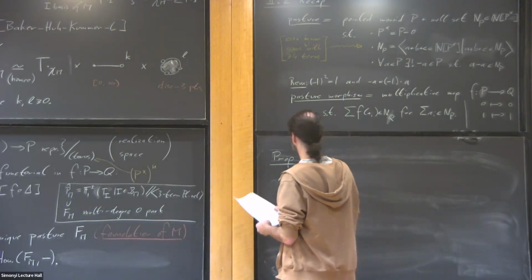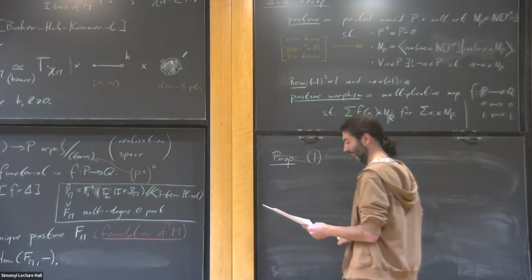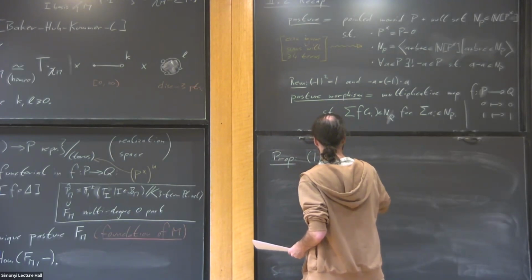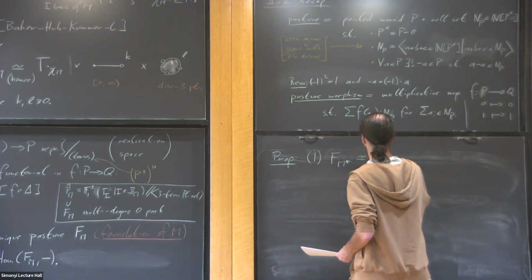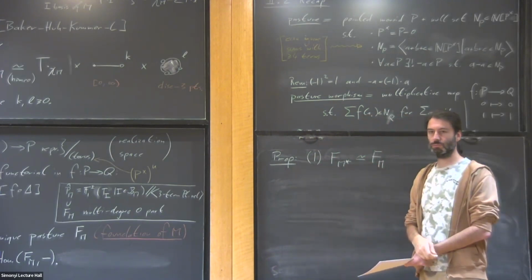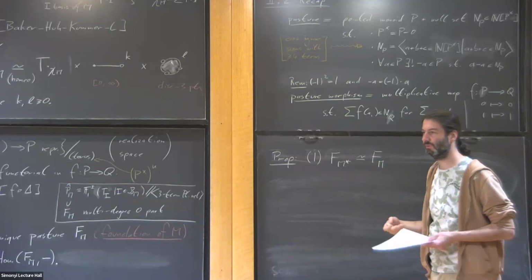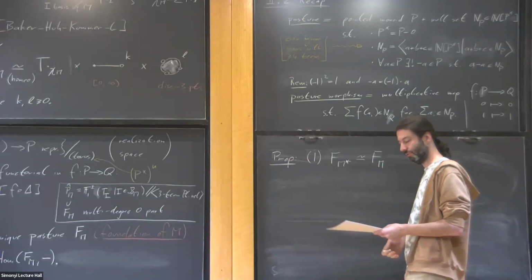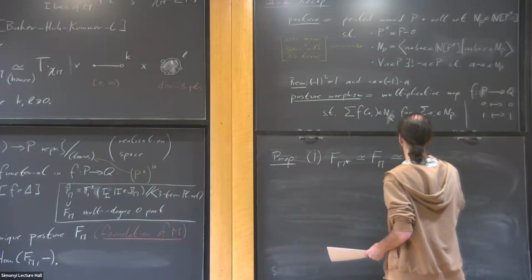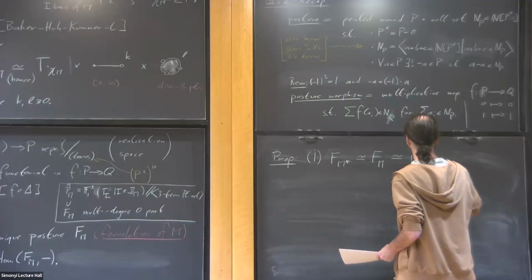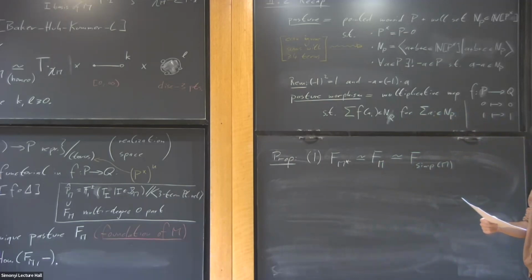So here's a proposition, properties of foundations. First of all, the foundation of the dual of a matroid is canonically isomorphic to the foundation of the matroid. It's maybe not surprising because we know this duality of Grassmannians. Another thing that's maybe reassuring is that the foundation of the simplification is isomorphic to the foundation.